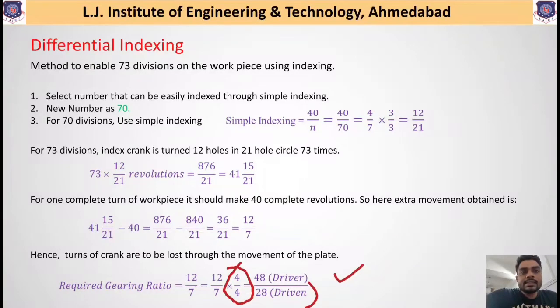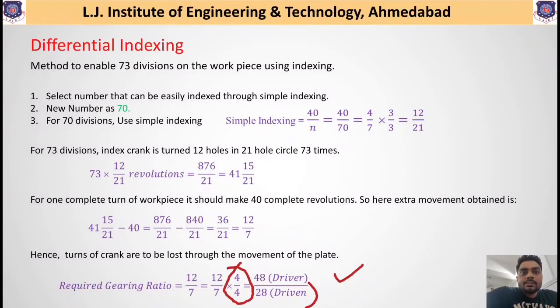And so this is directly obtained by just providing this gearing ratio to this universal dividing head. For this one need not give any extra movement to the crank pin, and this is automatically accommodated by using these gears.